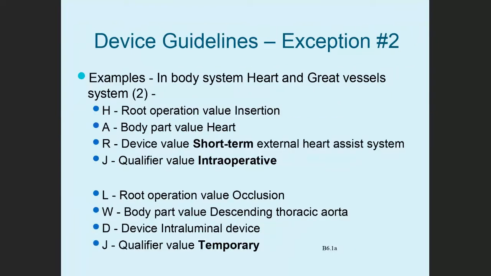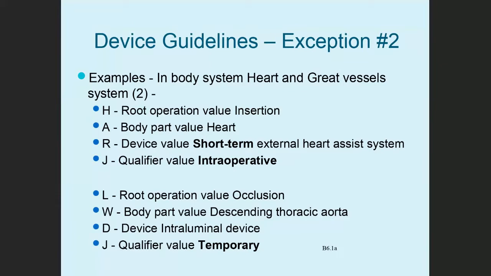So here are some examples that may help. In the body system heart and great vessels, in root operation insertion, body part heart, there's a device value for short-term external heart assist system. The qualifier value is interoperative. So in this case, it's short-term interoperative, and you would still use it even if it's taken out before the end of the surgery or during the hospital stay.